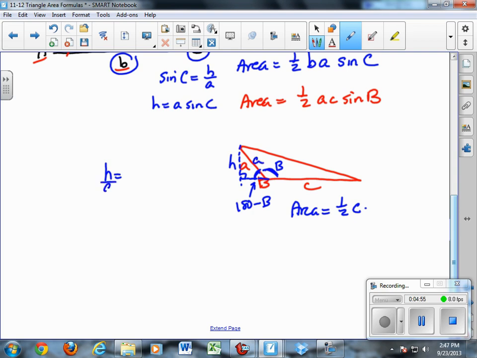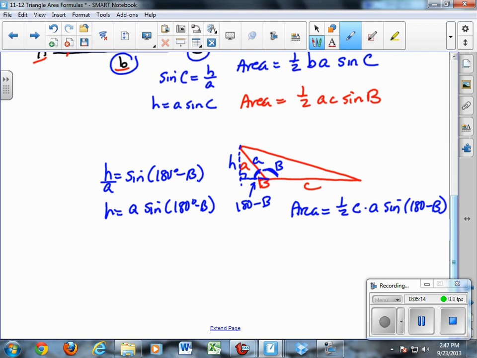H over A is equal to sine of 180 minus B. So H is equal to A times sine of 180 minus B. However, if you check that out on your calculator, you will find that if you take the sine of an angle and the sine of its supplement, you get exactly the same value. In other words, sine of 180 minus B equals sine of B. So I don't have to worry about the fact that I've dropped the altitude outside the triangle. These two will always be the same.